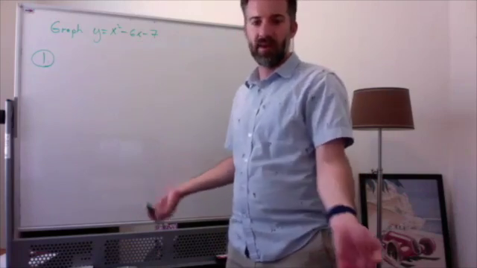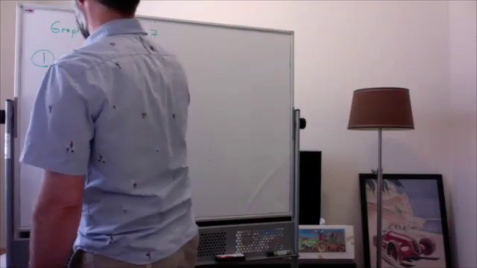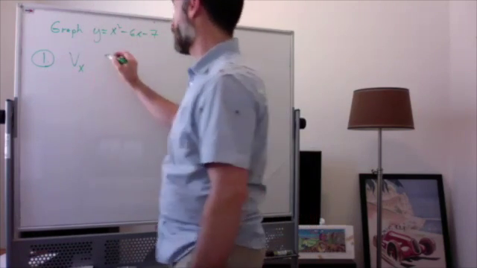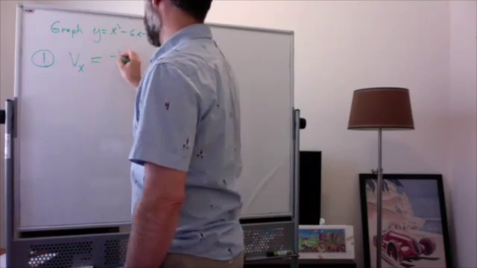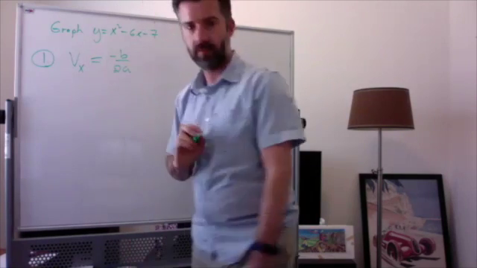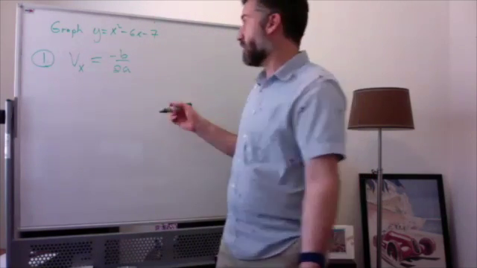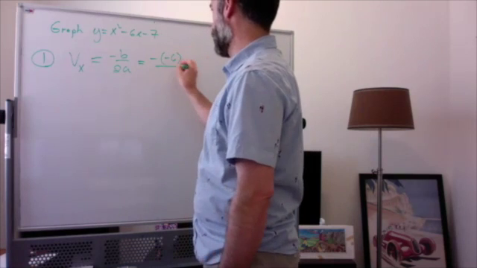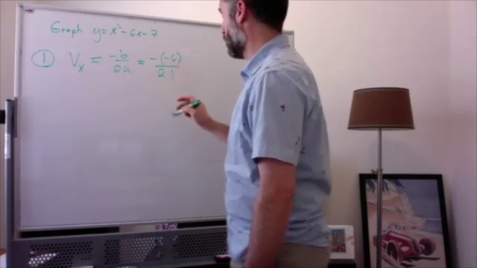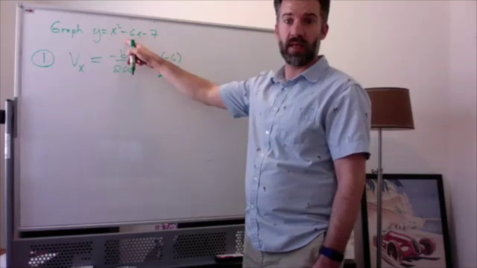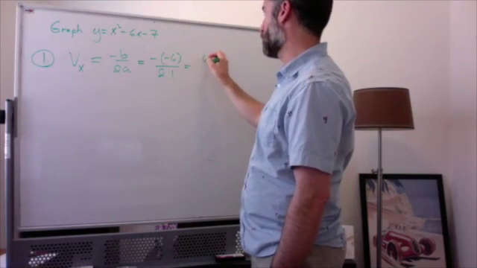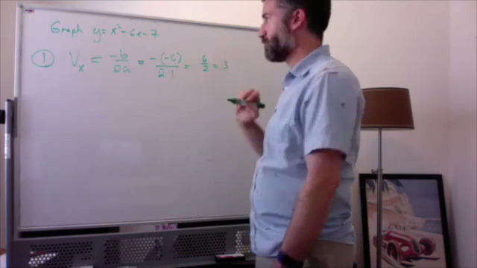Well, you might know, if you've seen this before, that you can find the x coordinate of the vertex, which I like to write as v sub x, as negative b over 2a. In this case, that would be negative 6 over 2 times 1, because my b value is negative 6 and my a value is positive 1. That's going to be 6 over 2, which is 3.